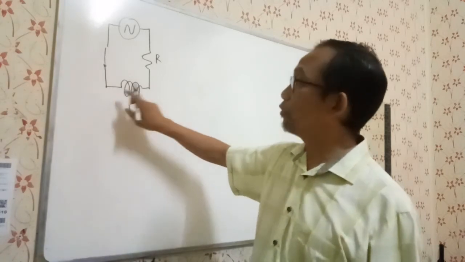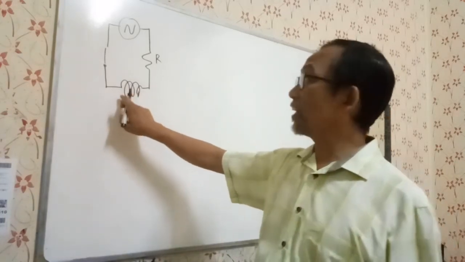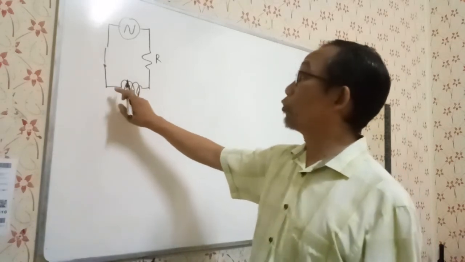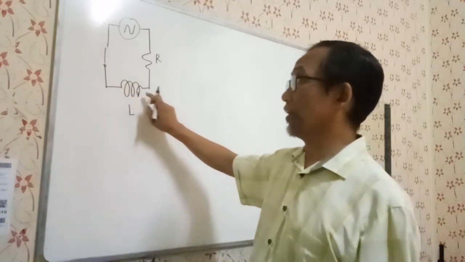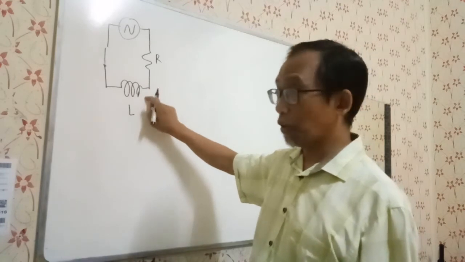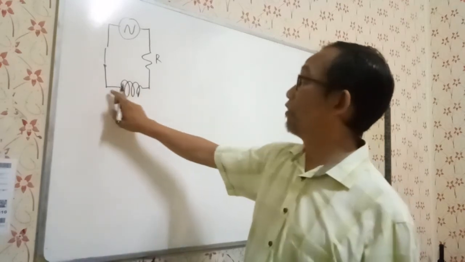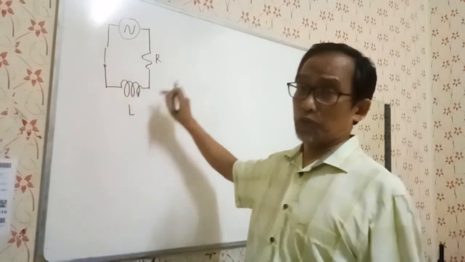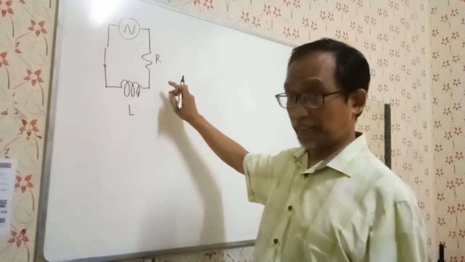So in effect, it will reduce the current that is flowing in the coil. So the current will rise slower through the coil. If we compare, if there is no coil, just a straight wire, the current will rise faster.